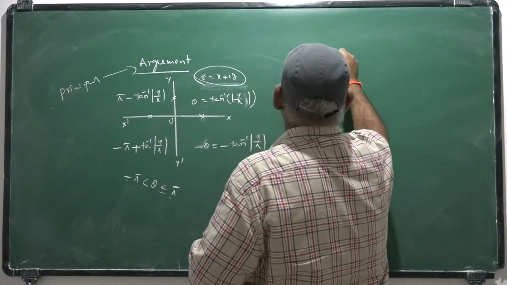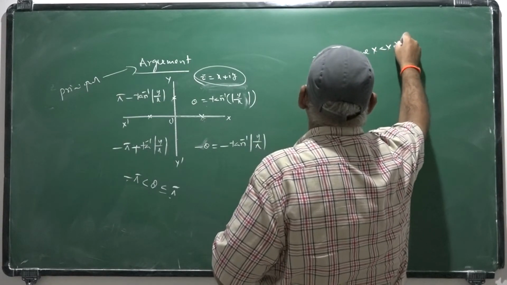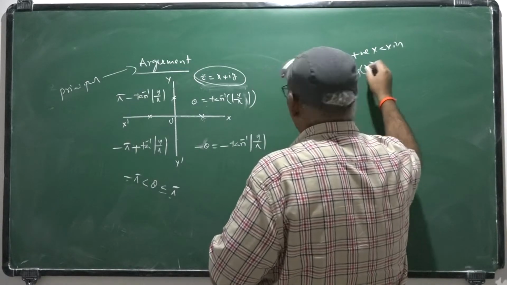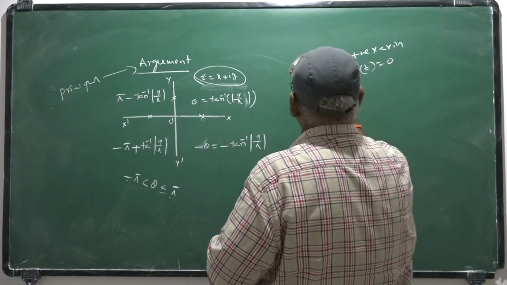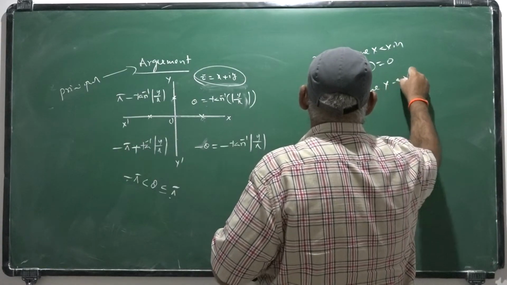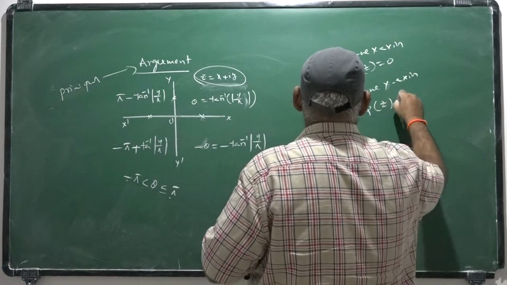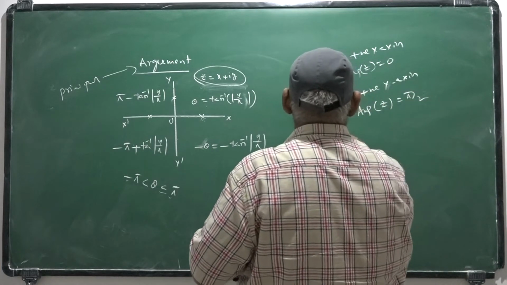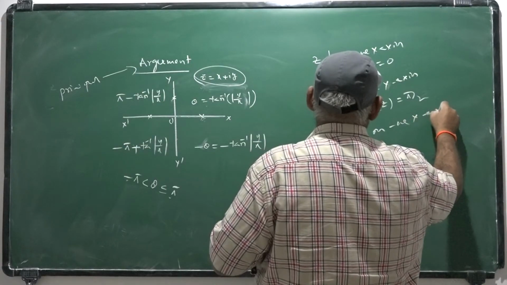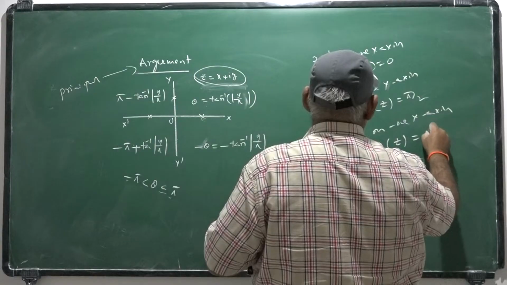That means if z lies on the positive x-axis, the principal argument of z is 0. If z lies on the positive y-axis, the principal argument is pi by 2. If z lies on the negative x-axis, the principal argument of z is pi.